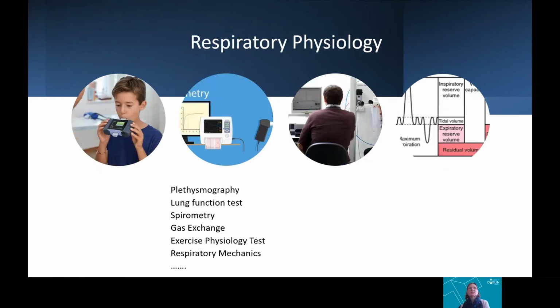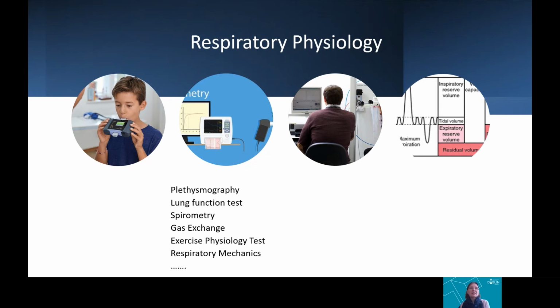In the case of respiratory physiology, it could involve things like plethysmography, where lung function testing looks at the volume of the lungs, the capacity of the lungs, the elasticity of the lungs, the ability for gas exchange, the ability to inspire and expire, the efficiency of doing that.